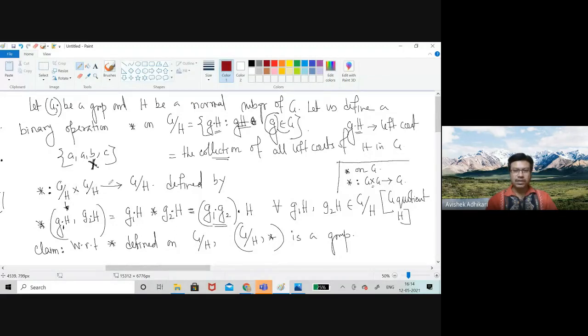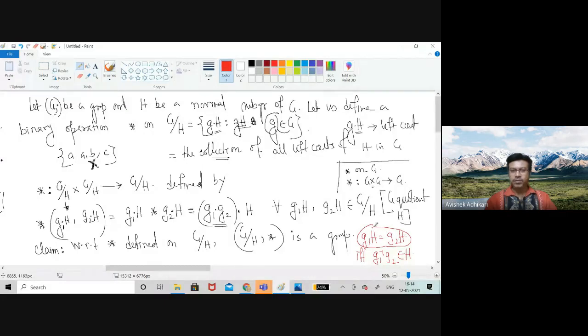Now you can understand that just now we have seen that G1H equals G2H if and only if G1 inverse G2 belongs to H, right? So in this case, it may happen that two of the quotients may be equal.